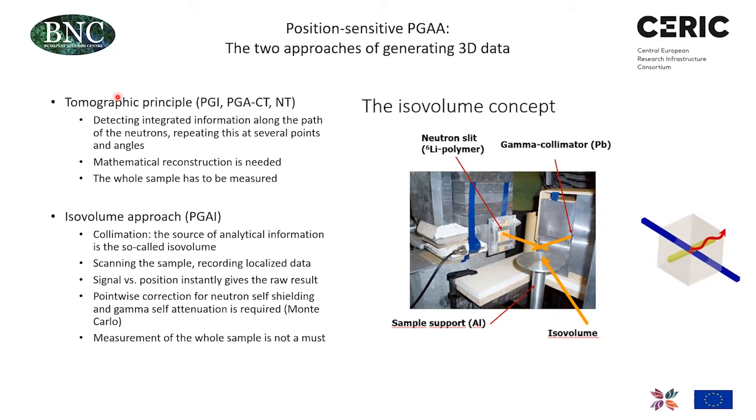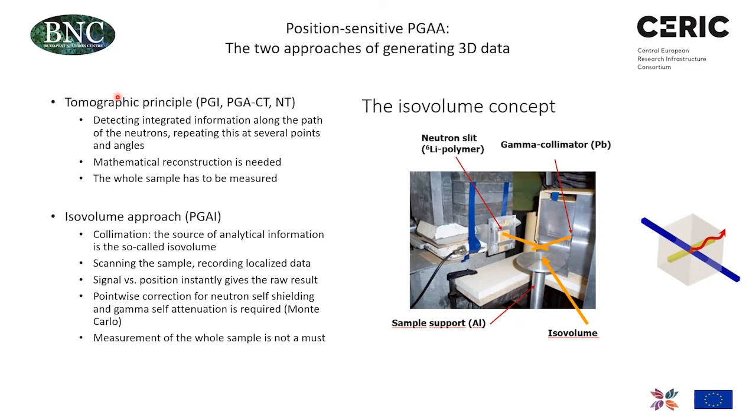Here we have technical limitations because the detectors that we use for gamma detection do not have enough spatial resolution to realize this emission tomography principle. But the technology is improving.